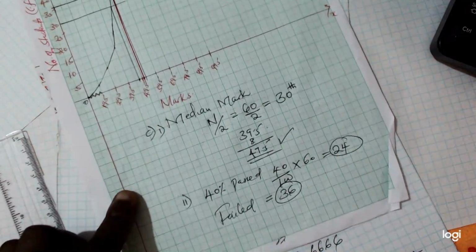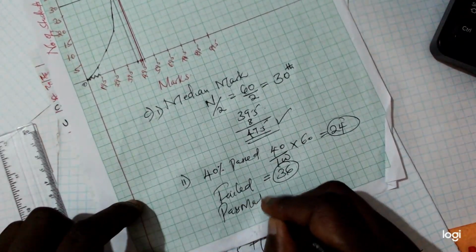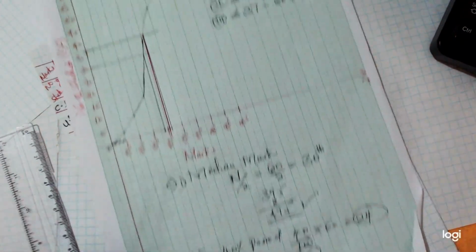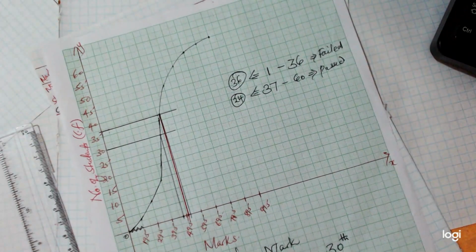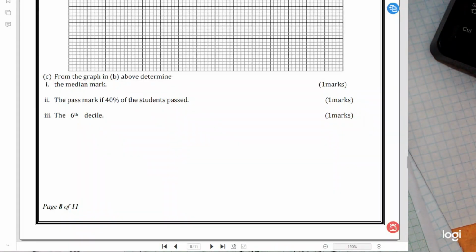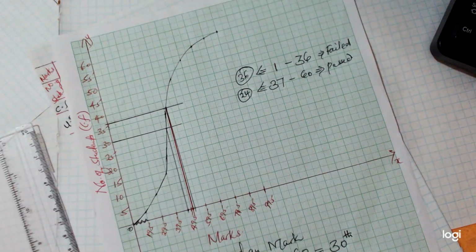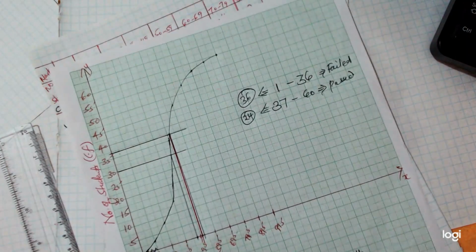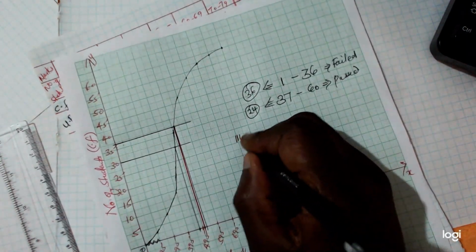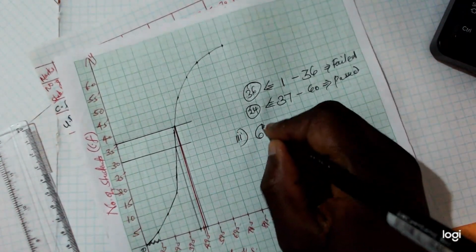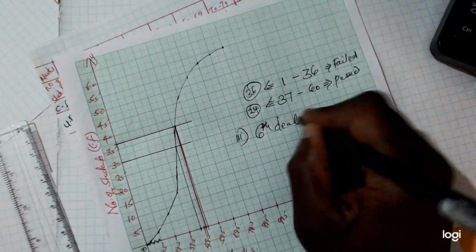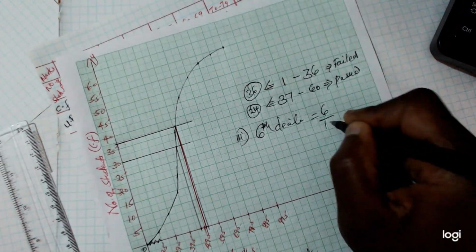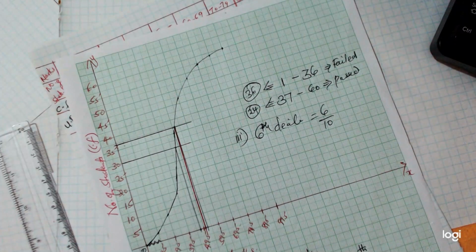So therefore the pass mark is 50.5. Now from there we go to the last question, part 3, the sixth decile. So what do you mean by the sixth decile? Sixth decile simply means 6 divided by 10 of the total frequency.